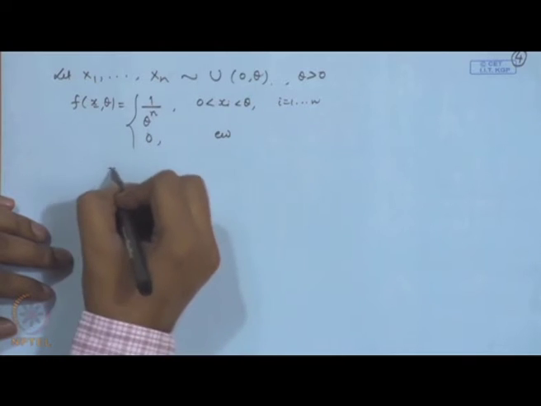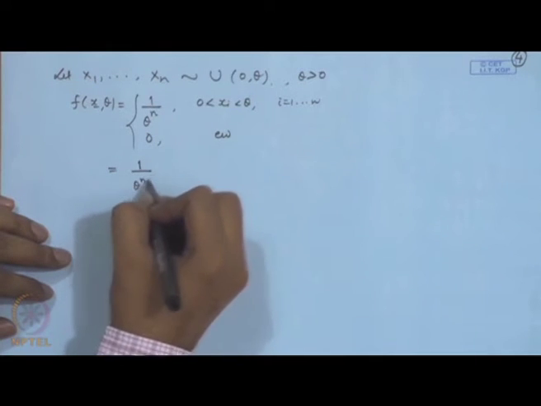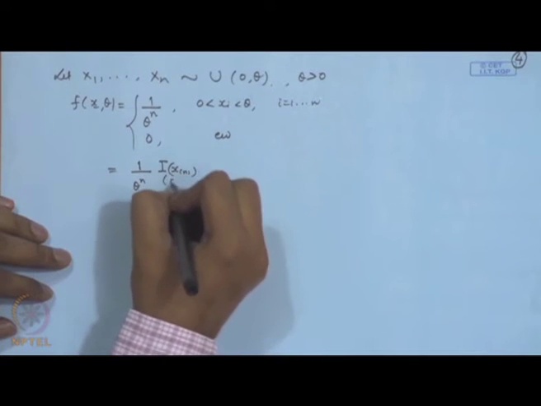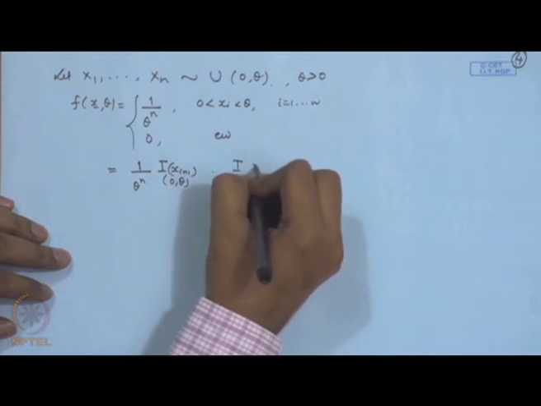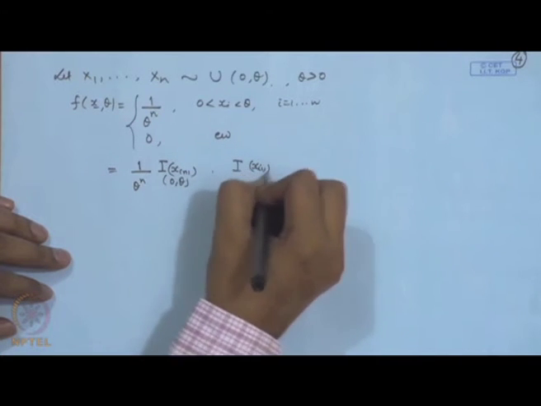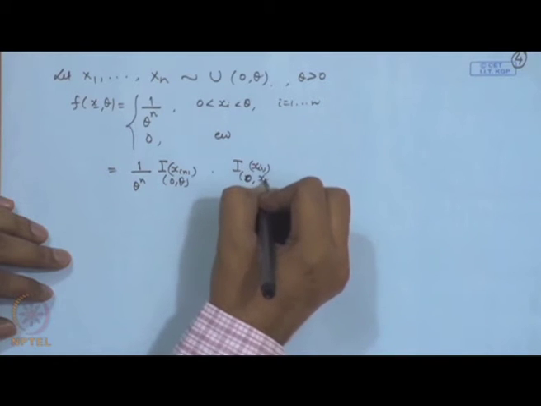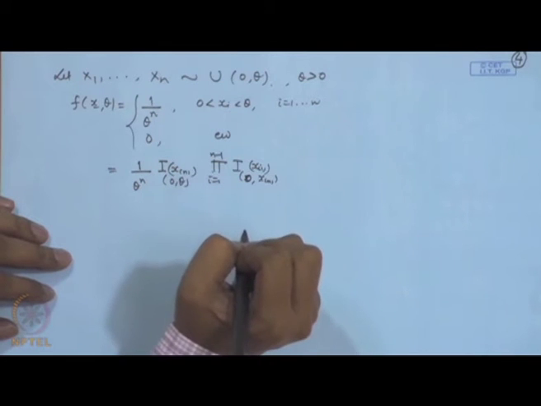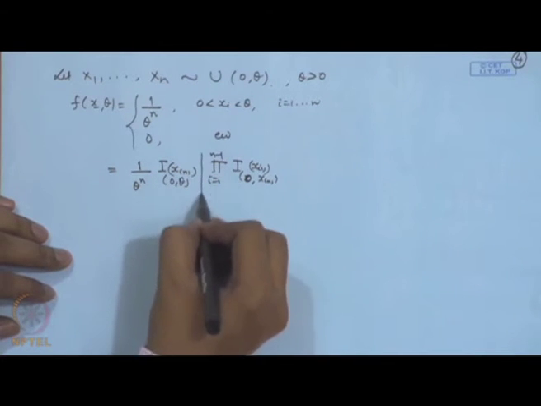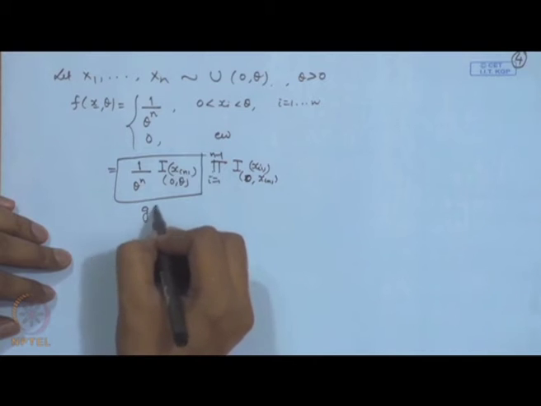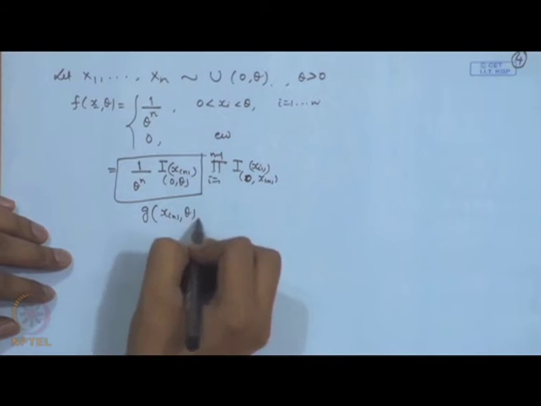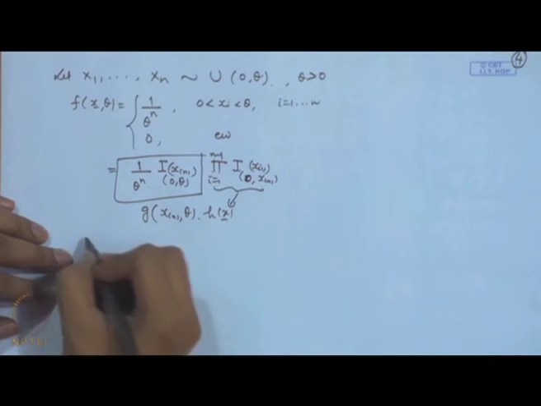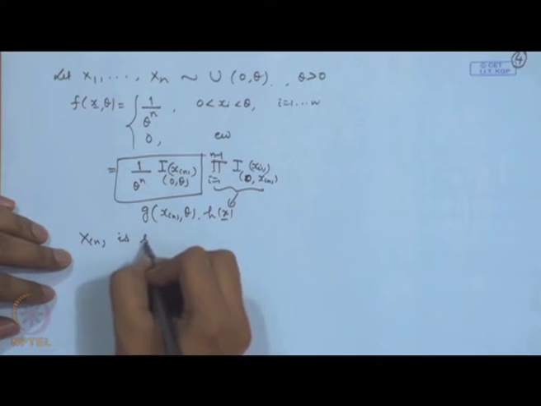So, this part we will express as 1 by theta to the power n I of, say, x n from 0 to theta, and the other xi's are from 0 to x n for i is equal to 1 to n minus 1. So, you can see this portion we can express as g of x n theta, and this part we can write as h x. So, x n is sufficient.